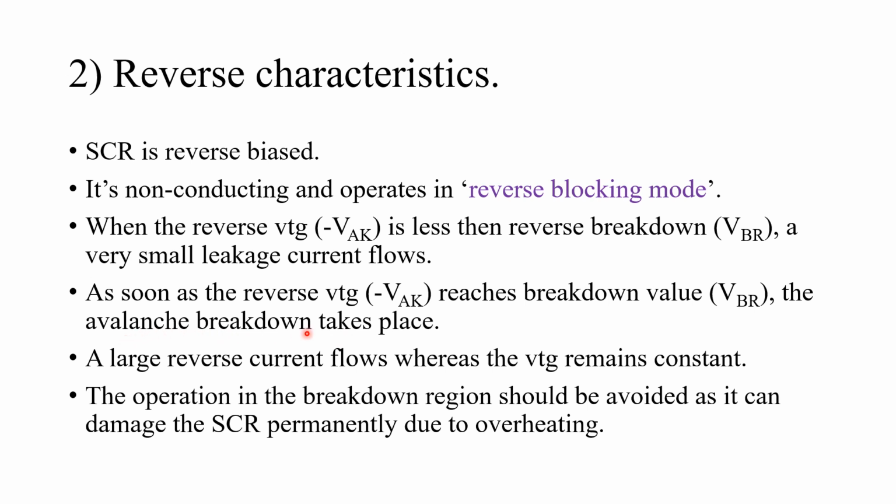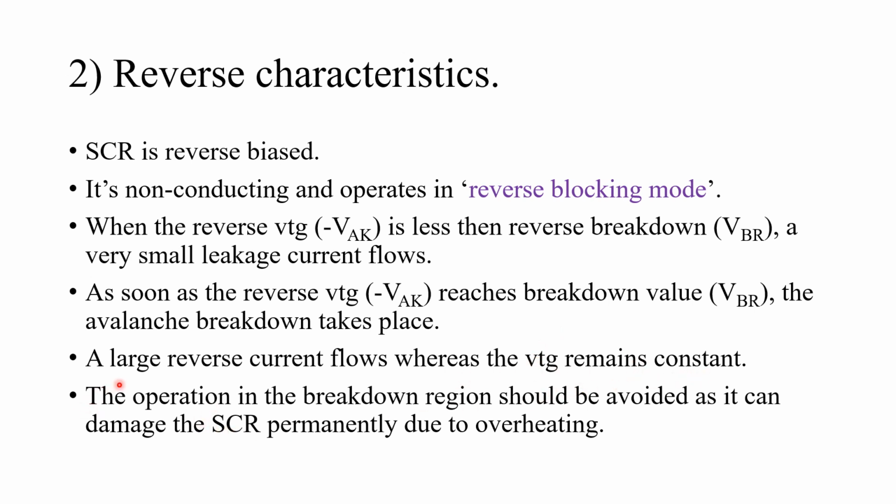So what happens in avalanche breakdown is a large reverse current flows. If you see the graph, there will be a sharp turn, and at that time a huge amount of current starts to flow all of a sudden, whereas the voltage remains constant.